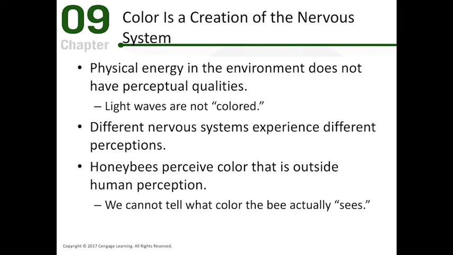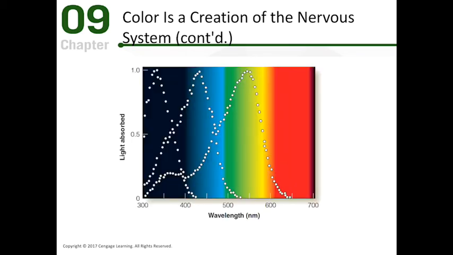Different nervous systems, of course, experience different perceptions. In the case of a honeybee, honeybees can perceive colors that are outside our human perception. But there's no way of really knowing what a honeybee actually sees. If we look at this spectrum here, we're looking at how a honeybee is able to see; this is an absorption spectra of a honeybee.